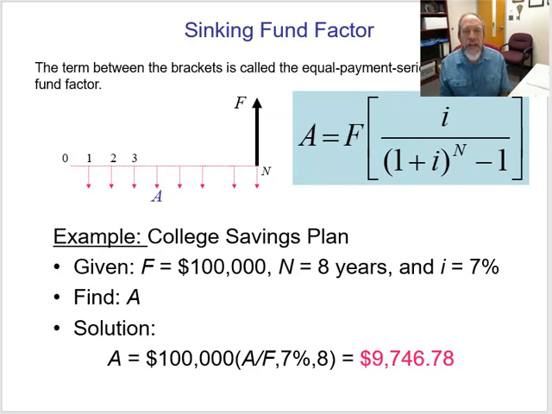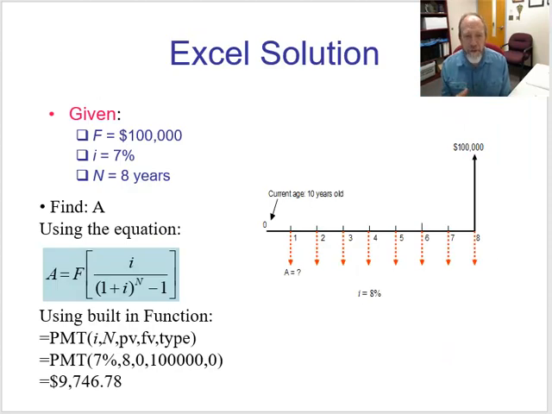Now, that factor inside the brackets, where you see A equals F times i over (1 plus i) to the n minus 1, that's called the sinking fund factor. Not sure where that name came from, and I'm not really caring a whole lot where it came from, but it's the sinking fund factor. If you need to calculate A using the sinking fund factor, it's relatively straightforward.